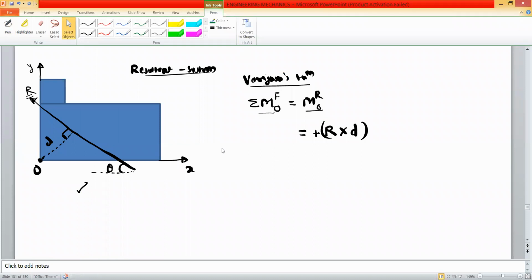So now observe this. The summation of moment is minus 484.89. This is equal to R into d. So d is equal to minus 484.89 divided by resultant R. So we get the value for distance d.